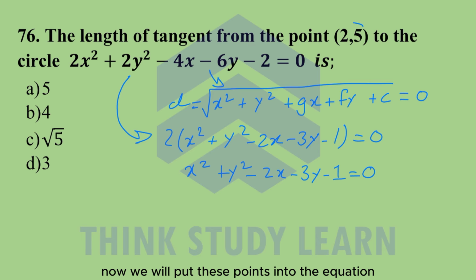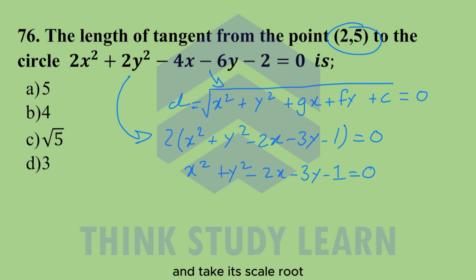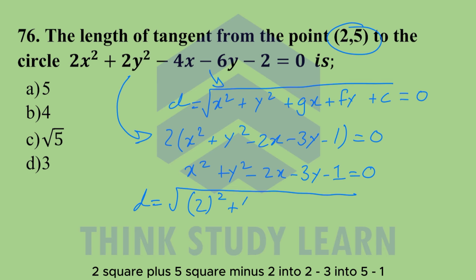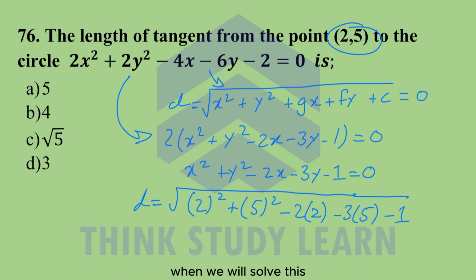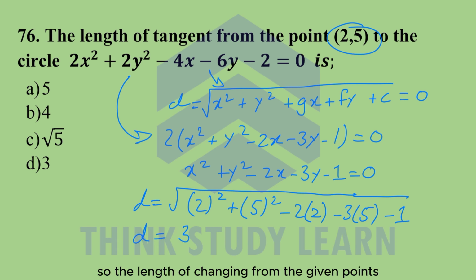Now we will put these points into the equation and take its square root, putting points 2 square plus 5 square minus 2 into 2 minus 3 into 5 minus 1. When we will solve this, the answer comes out to be equal to 3. So the length of tangent from the given points 2 and 5 is 3. D option will be the right answer.